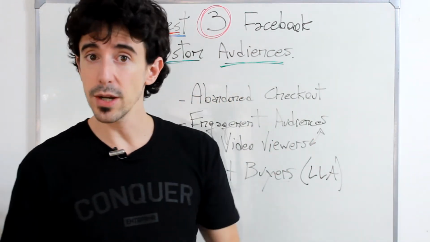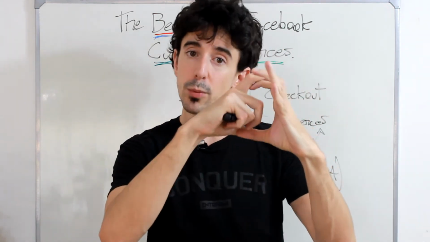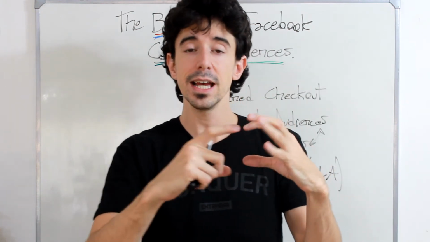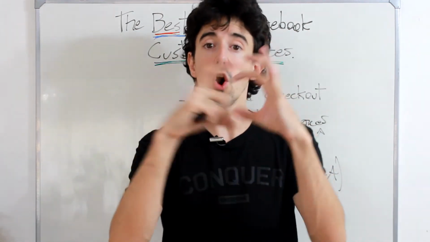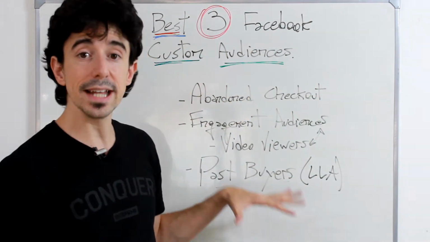Granted, depending on your campaign objective, you won't be targeting them all. You will target just a small portion of that. If you have a conversion objective, you will only be targeting those people that are more prone to convert, okay? But this is a great lookalike audience.